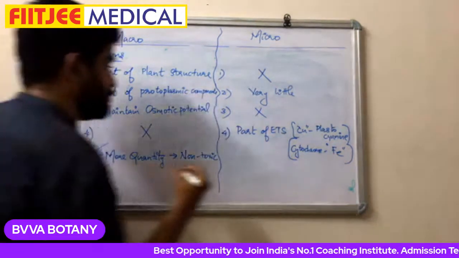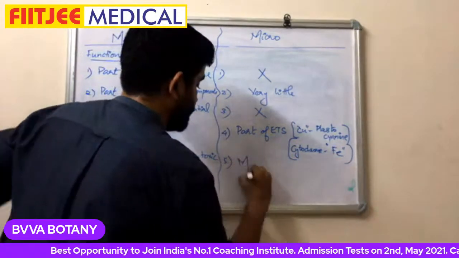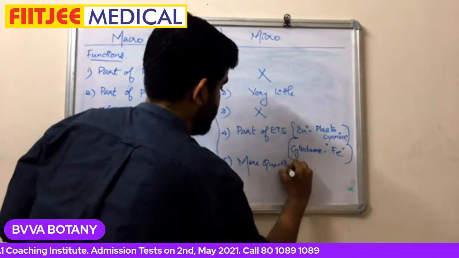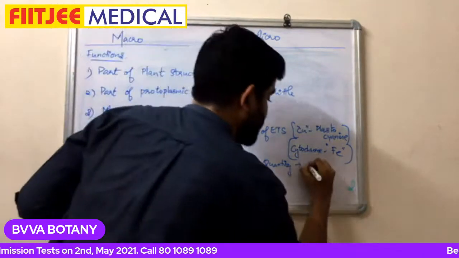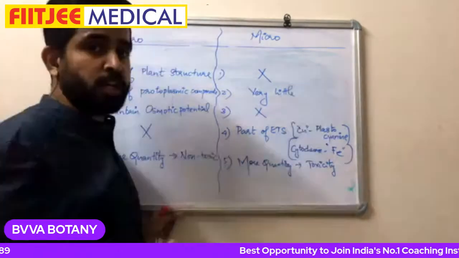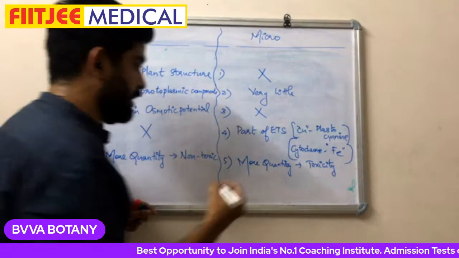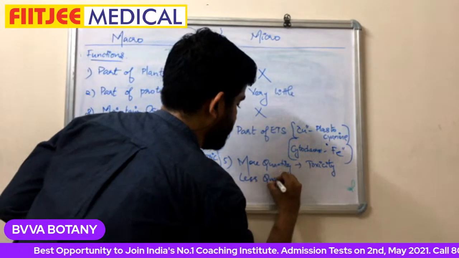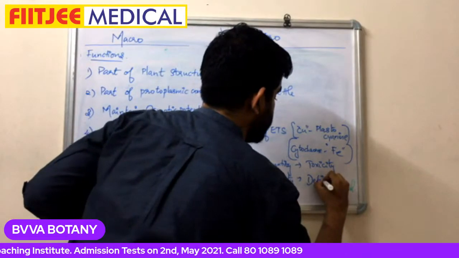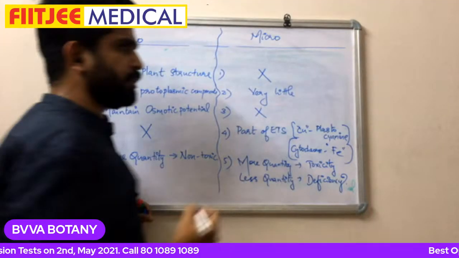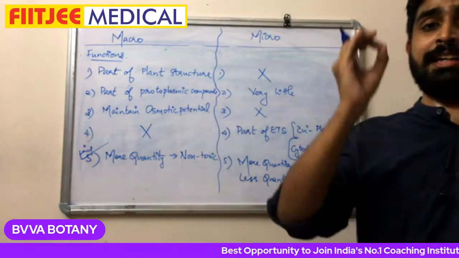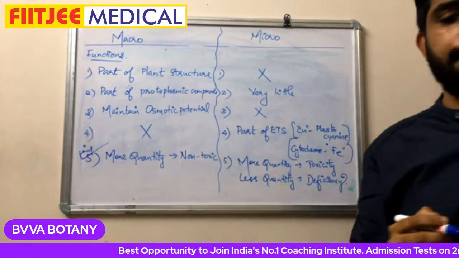But with micronutrients, more quantity shows toxicity, with toxic symptoms. And if it is less quantity, then it shows deficiency. So the micronutrient should be in its actual amount, whatever is required, only that much. Even a little increase is toxic for the plant.